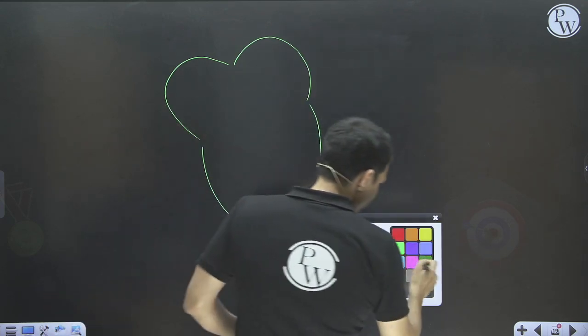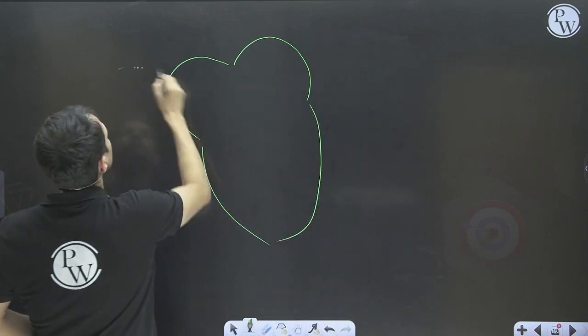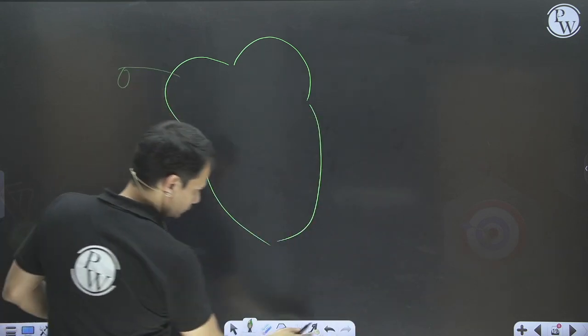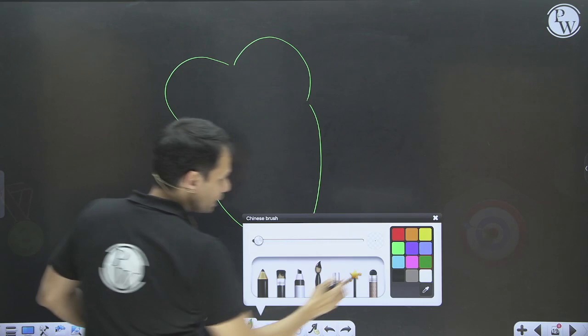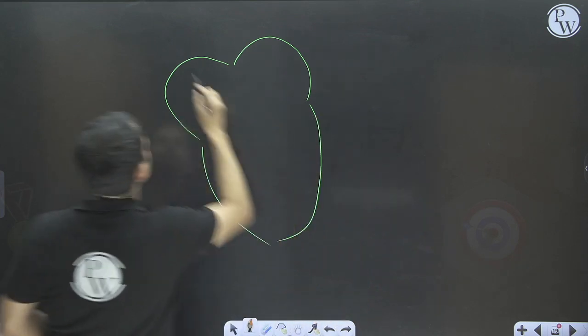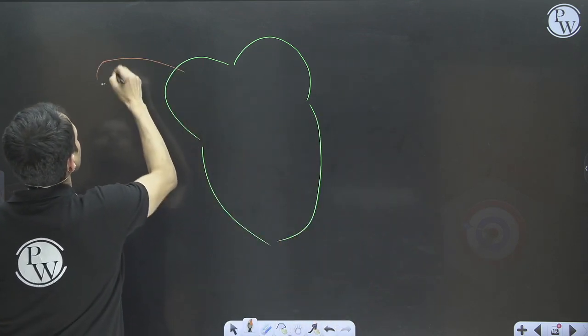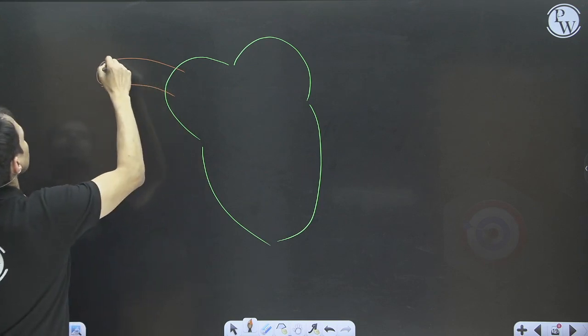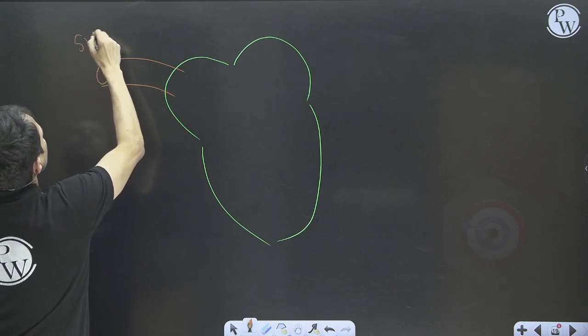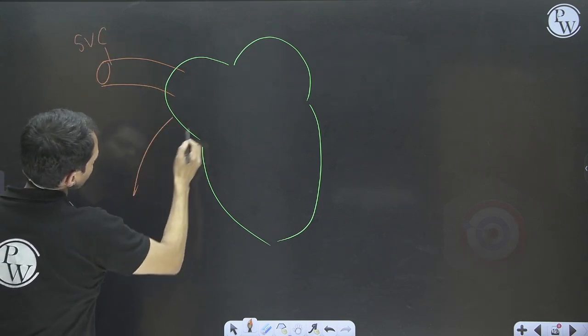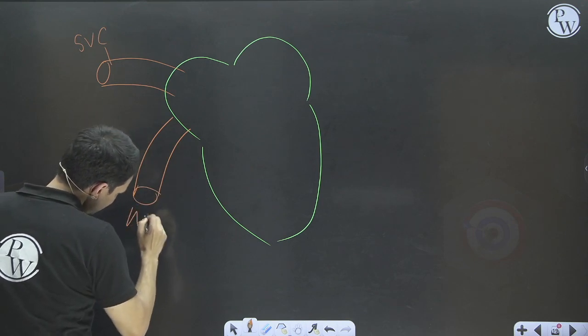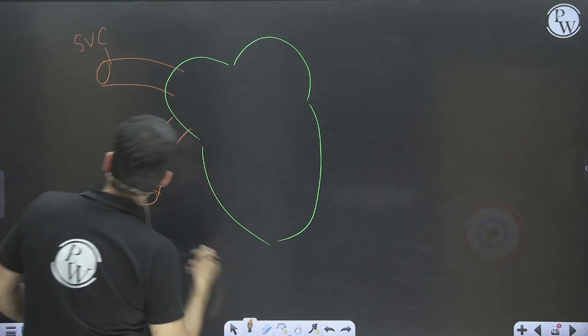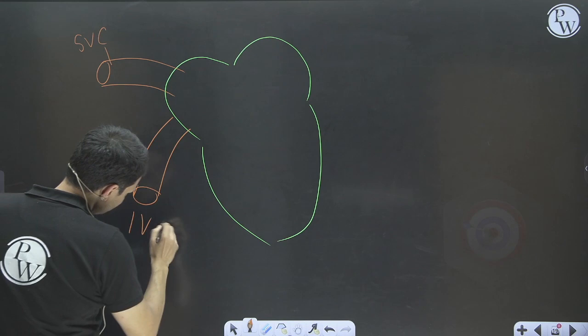And here we have the superior vena cava, and this is the inferior vena cava. We call them the SVC and the IVC.